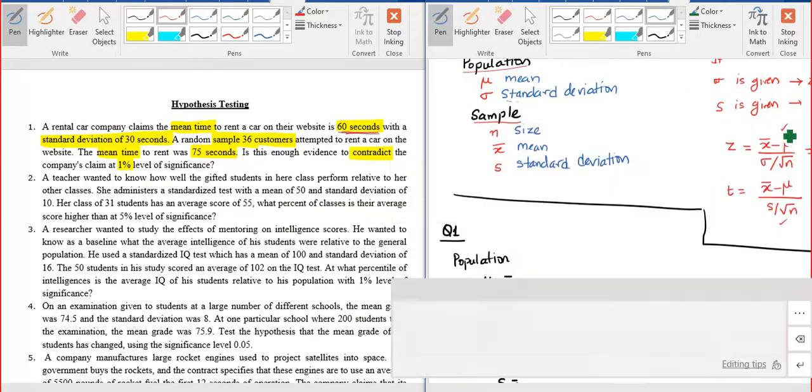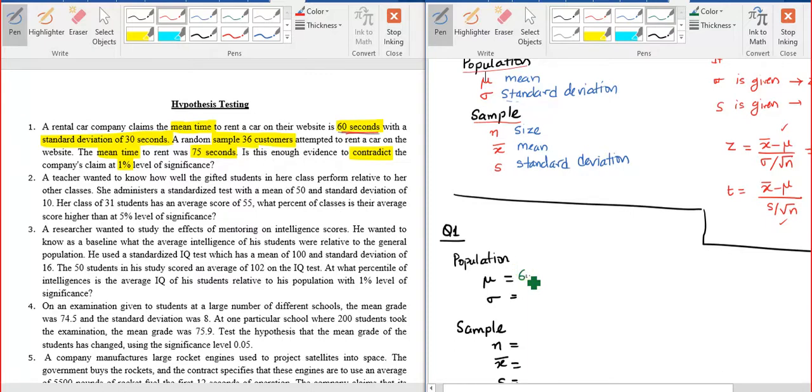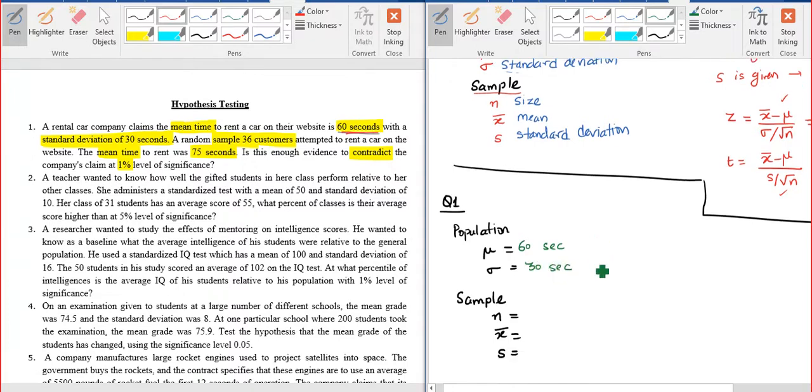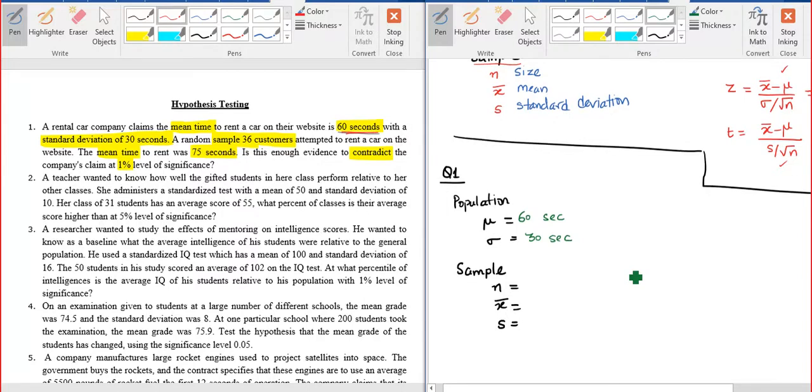This will be 60 seconds. And the standard deviation is 30 seconds. Still it is talking in general about the website, so this is the population standard deviation. From here it is clear that the population standard deviation is given. It means it is going to be a Z test.